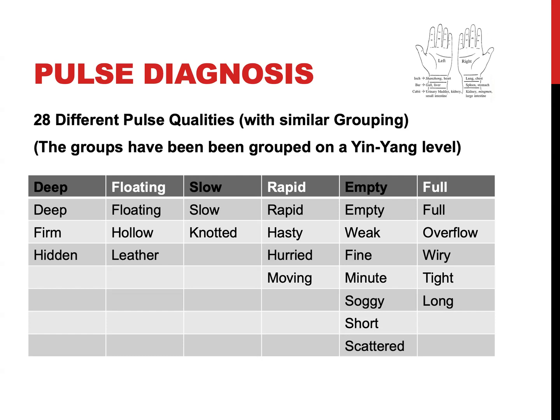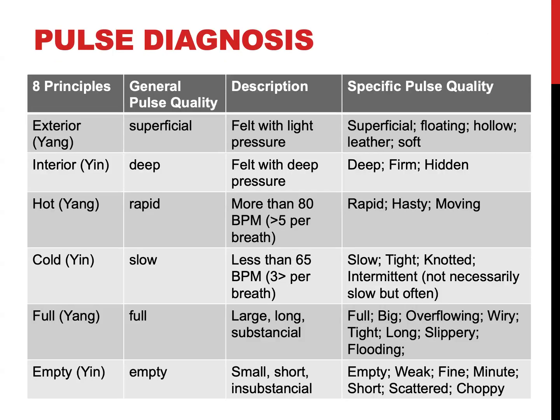For empty pulses, we could feel they are weak, they could be fine, minute, soggy, short, or scattered. While full pulses could be also felt as overflowing, wiry, tight, or long.